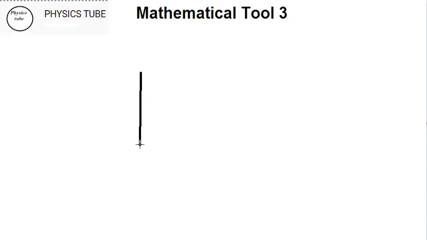We have x or y. Suppose this is my y, this is my x, and this is my z. A three-dimensional concept. This is a point, suppose, and this is my origin.